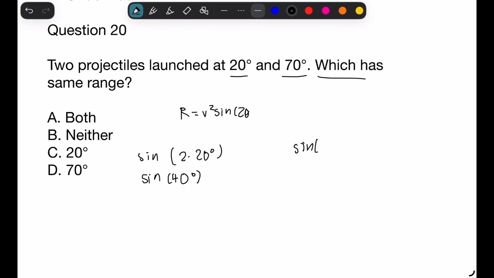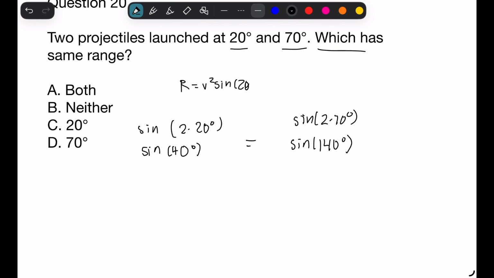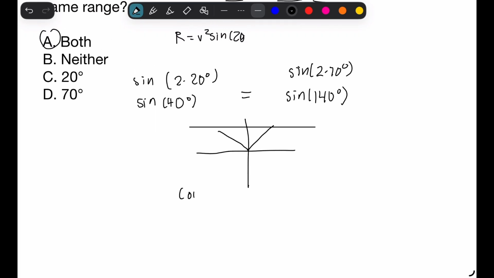Sine of 2 times 70 degrees will give you sine of 140 degrees. And these are actually equal to each other in terms of height. So both. This is because complementary angles give the same range.